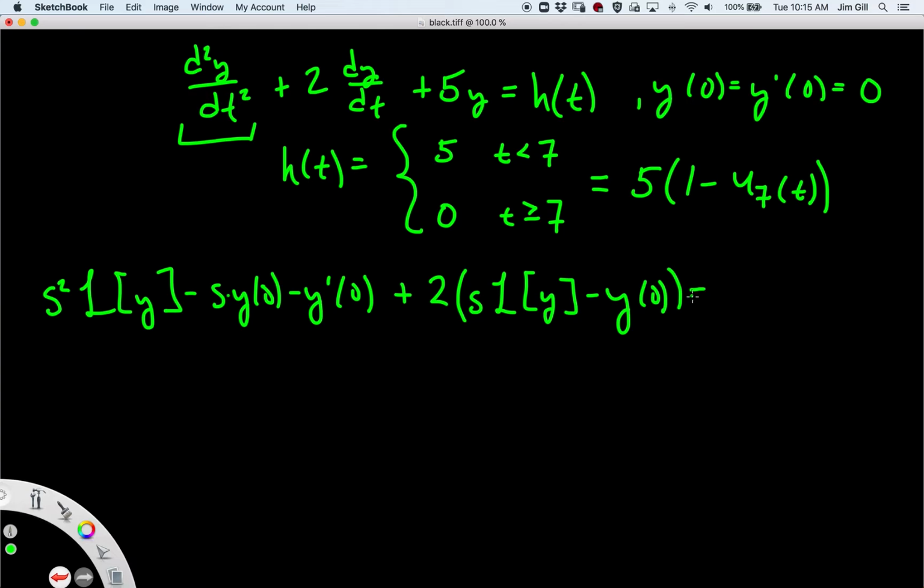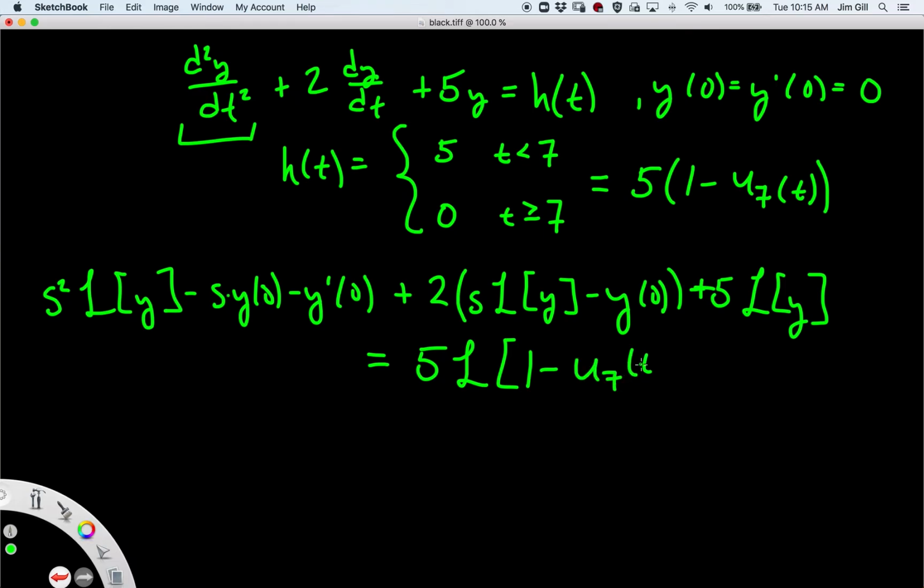And this is all plus now 5 times the Laplace transform of y. And this is all equal to 5 times the Laplace transform of 1 minus u7t. Okay, now we got to clean some stuff up.